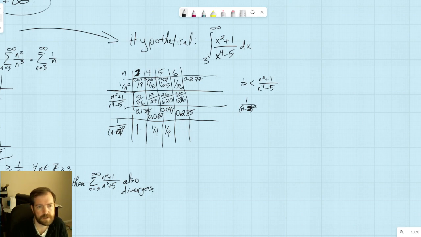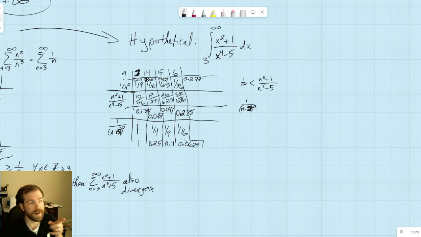And 6 minus 2 is 4, squared is 16. So this is going to be 1, 0.25, 0.11, and 0.0625.